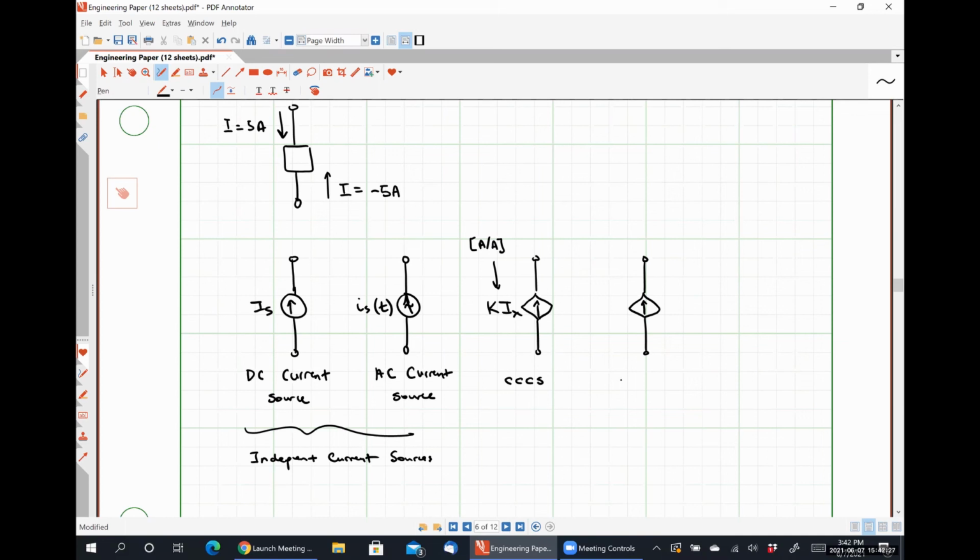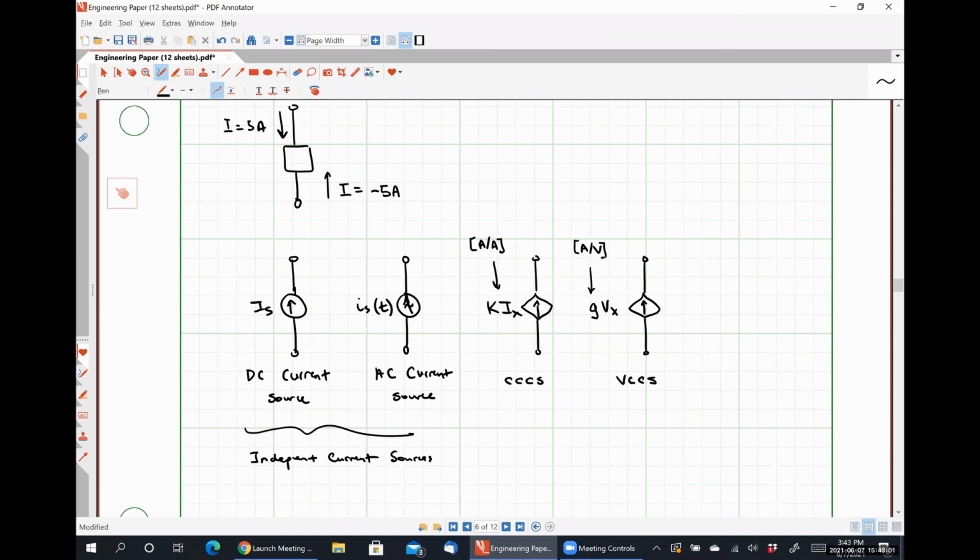And then we also have a voltage controlled current source given by G Vx, where G has units of amps per volt. And so this guy says that the current that is being supplied by this source is dependent on a voltage elsewhere in the circuit.